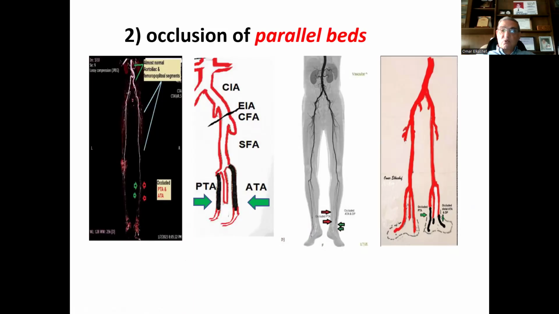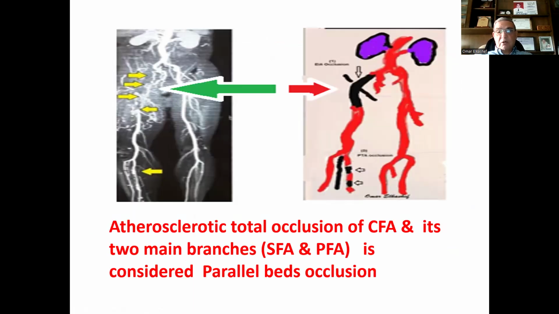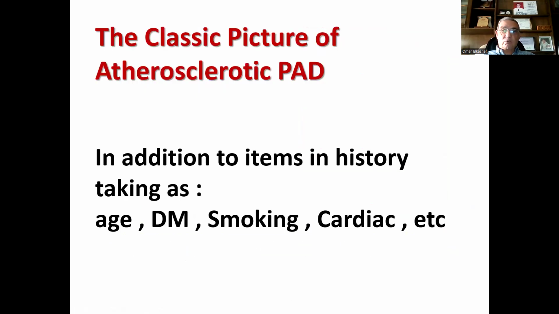Or also occlusion of the distal part of the posterior tibial, or occlusion of the distal part of the anterior tibial and dorsalis pedis, together with occlusion of the distal part of the peroneal. So atherosclerotic total occlusion of the common femoral artery and its two main branches, the superficial femoral artery and the profunda femoris artery, is considered a parallel bed occlusion.